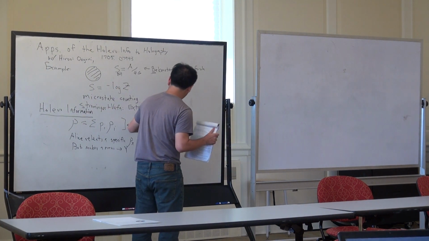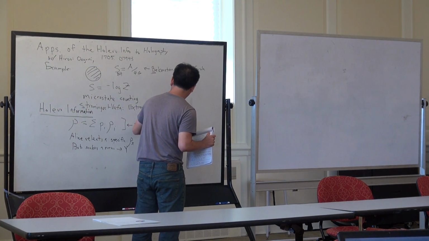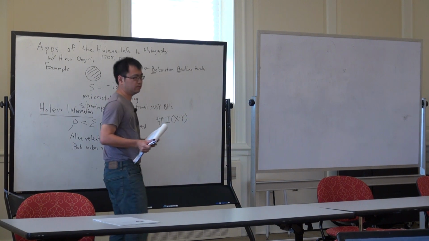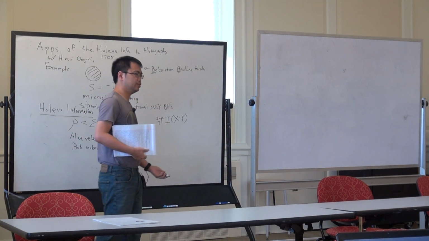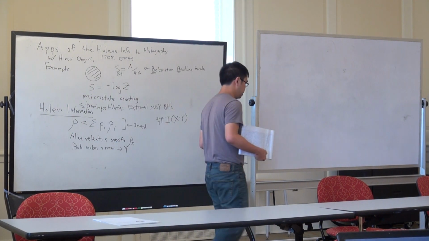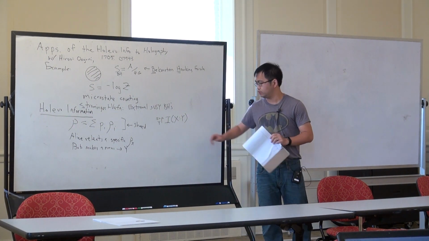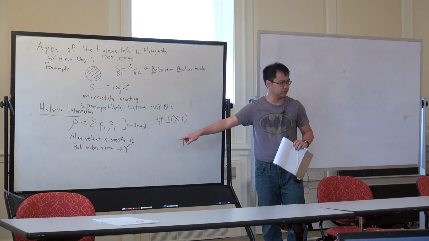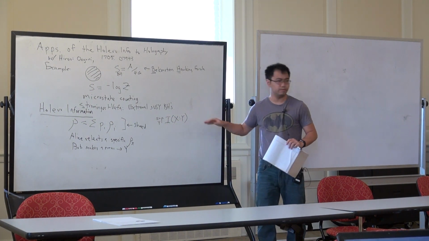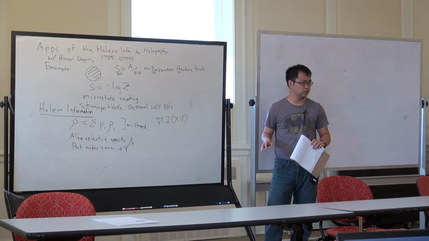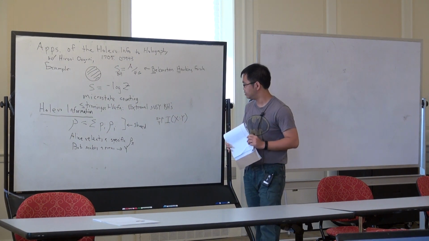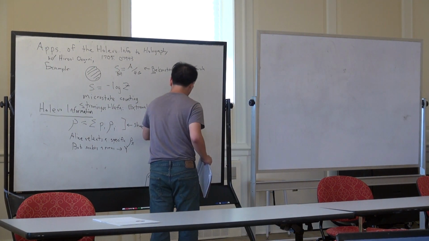Now, something called the accessible information is defined by taking the supremum over all possible measurement choices that Bob could have made. In some sense, if he does the best possible measurement over the density matrix rho x he's given, this will tell you the maximum amount of information that he can gain about the identity of x. So this is called the accessible information.